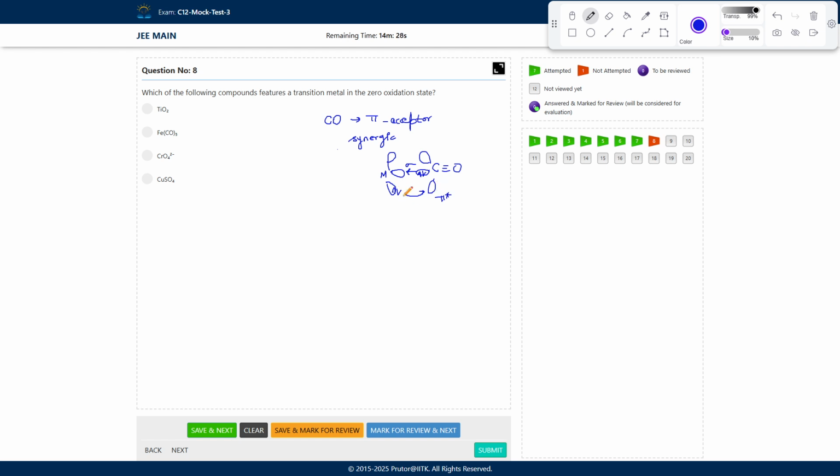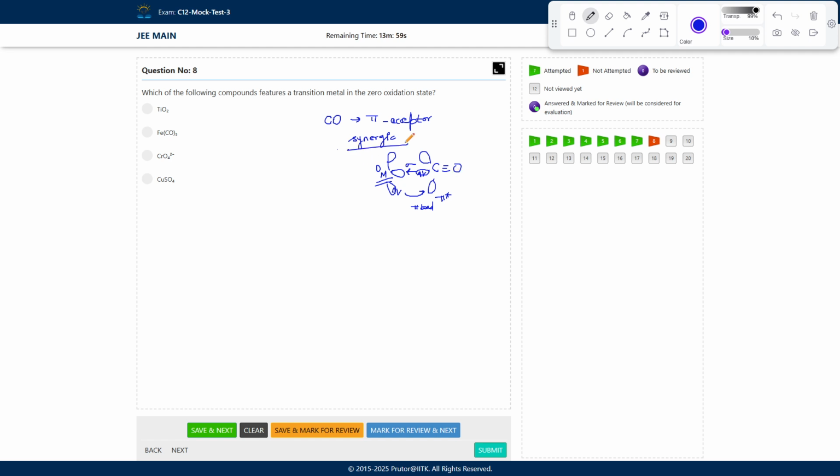So due to this donation of electrons from the filled d orbital to the vacant anti-bonding orbital of carbon monoxide, the synergic effect happens and pi bond character will build, due to which the metal is going to exist in zero oxidation state when it forms the bond with the carbonyl ligand.